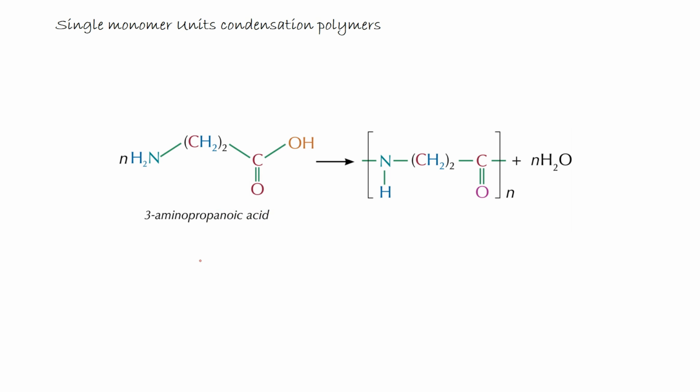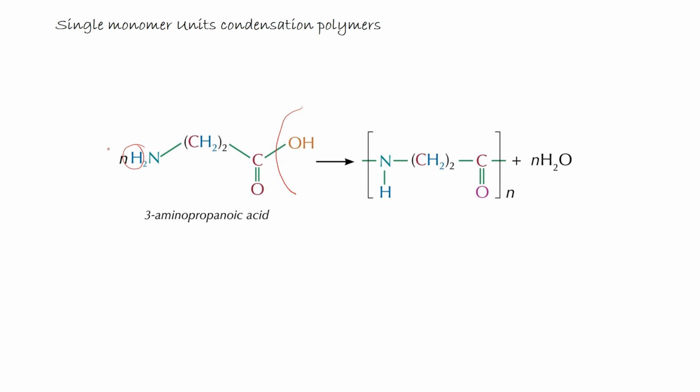We'll look at these in more detail when we look at the amino acid groups and proteins in a following lecture, but we can make a polymerization reaction occur between the amino group and a carboxylic group within the same monomer. So here we would lose the OH and one of our hydrogens here on the nitrogen group.